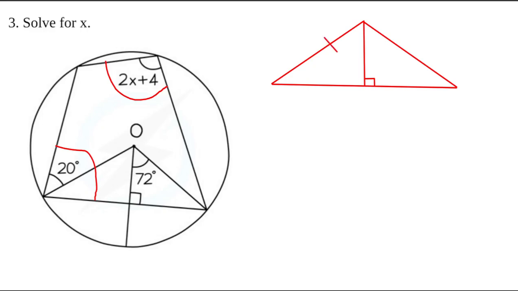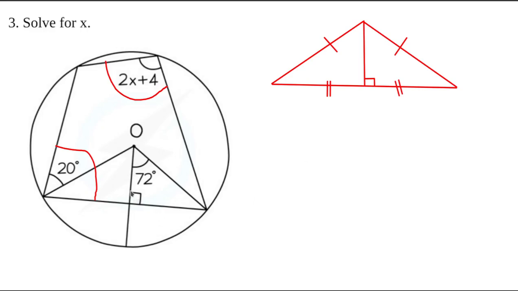So this is equal to this, and then this is equal to this one here. We'll talk about this theorem later, whereby a line drawn from the center and perpendicular to a chord bisects the chord.